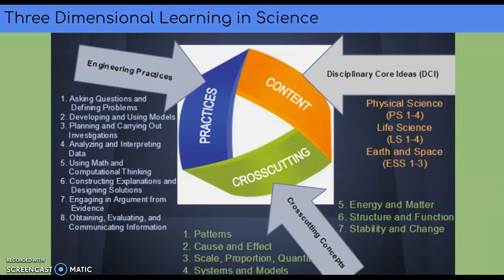These are lenses that scientists use implicitly and that students must be taught explicitly, meaning that for scientists, it's second nature. It's what scientists have been trained to do and how they look at practices and content. For students, though, they need to be taught how to see things through the lens of patterns. They need to understand the perspective of cause and effect. They need to understand what energy and matter look like, sound like, can be like.